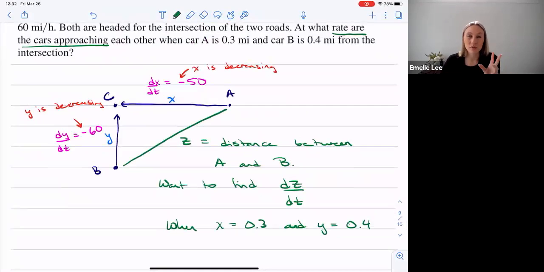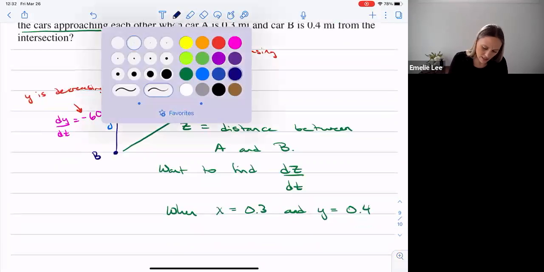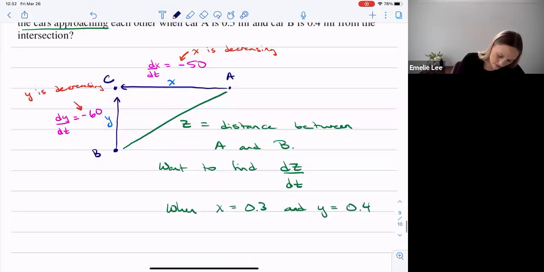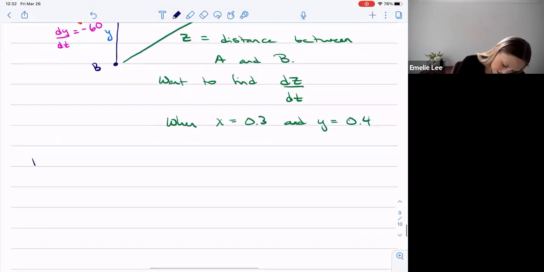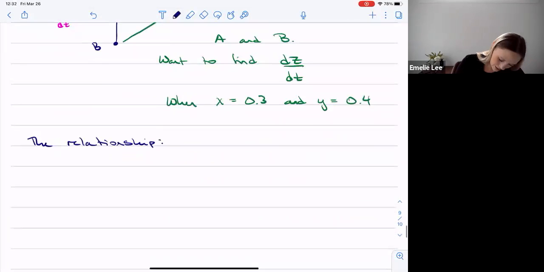The equation that relates all these variables, x, y, z, is definitely the Pythagorean theorem: x squared plus y squared equals z squared. So let's just put that down and see what we need to do next. So we have the relationship that x squared plus y squared equals z squared.